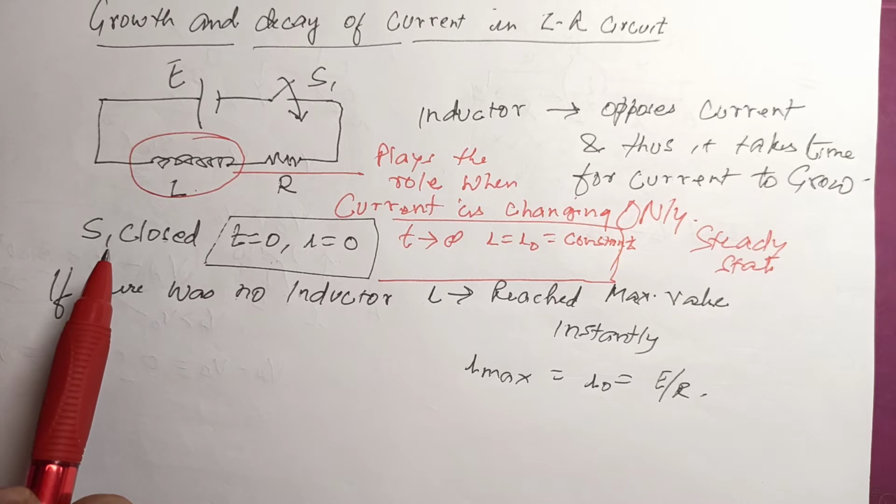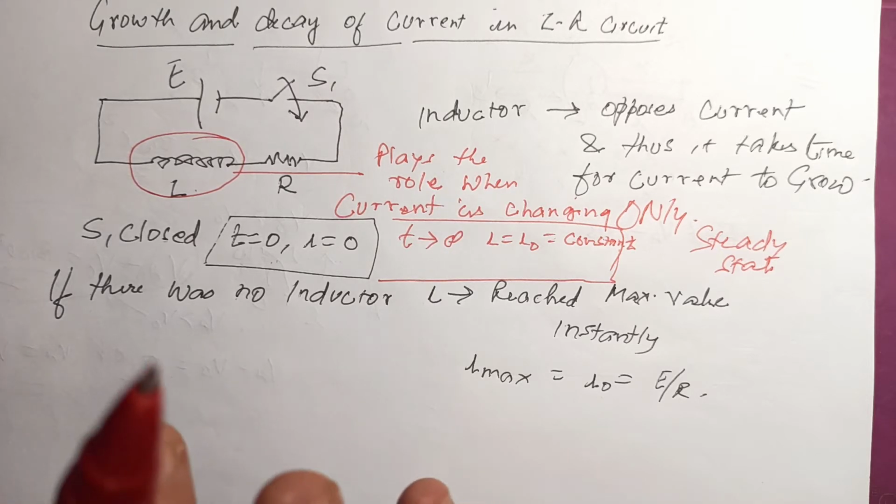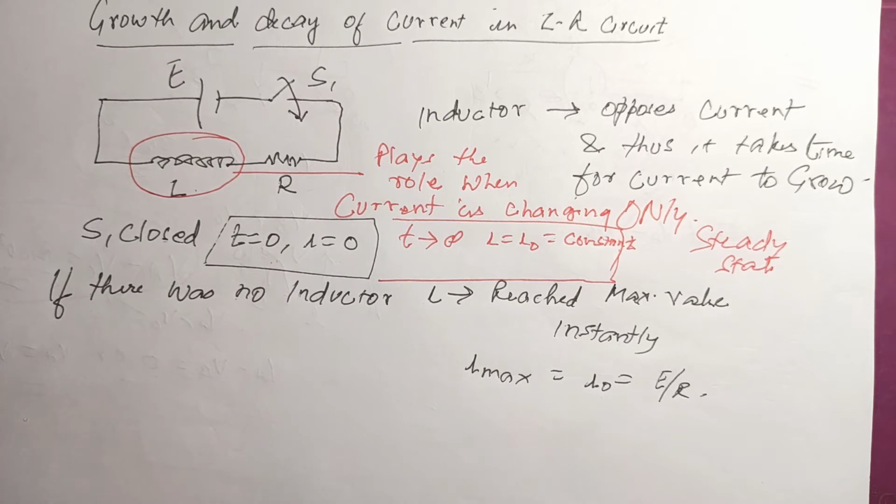For example, if the current is growing, what will inductor do? It will generate a current in the opposite direction, so it will not let it grow. If the current is dying, then it will generate the current in the same direction so that it will stop it and not let it die. Okay, so this is basically the role of inductor.